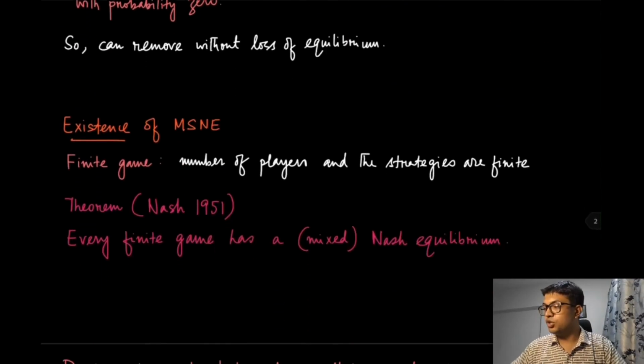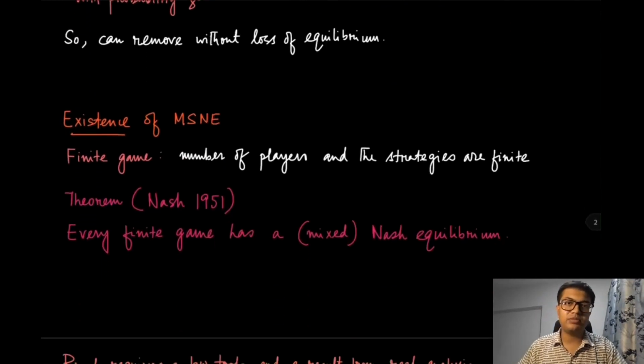However, there is good news about mixed strategy Nash equilibrium, and that is a result due to John Nash in 1951, which shows that every finite game has a mixed strategy Nash equilibrium. What does that mean? A finite game means that the number of players and the number of strategies for each of these players are finite. Now this proof is not very difficult to do.